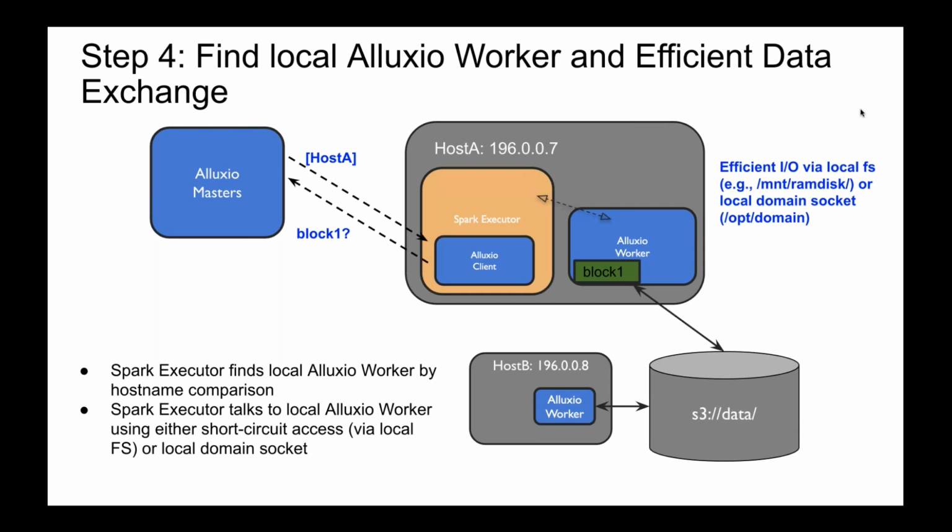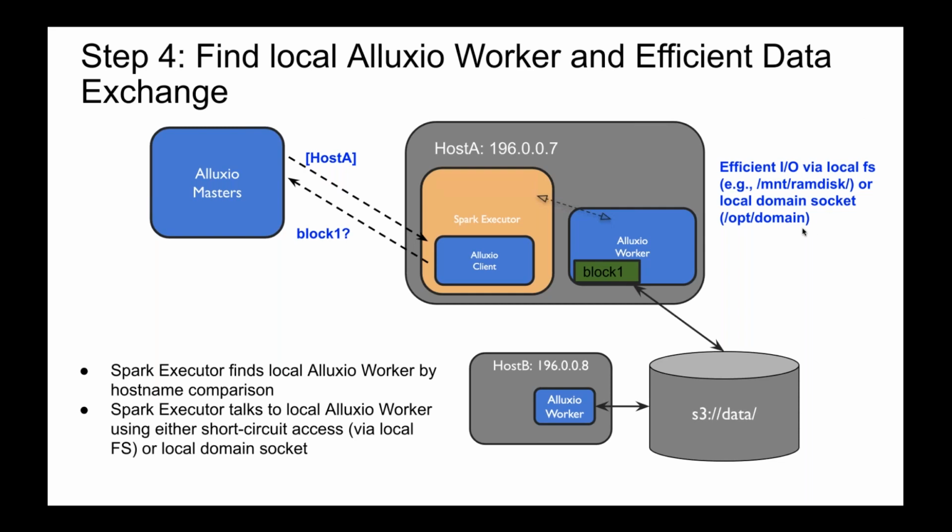In this way, essentially, we compare the host name to identify, okay, we have a worker local to me. And once that is achieved, we can use short circuit access or local domain sockets to enable very high throughput data sharing once the Spark executor and Alluxio worker are on the same nodes. Any questions here?